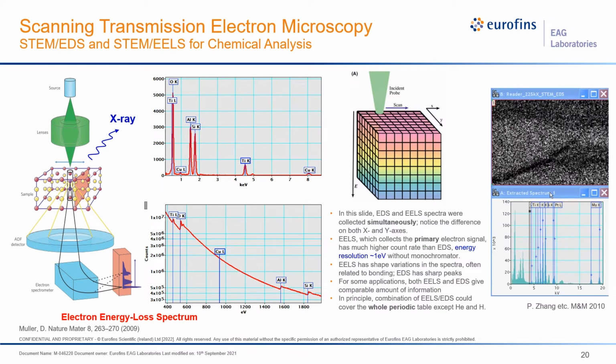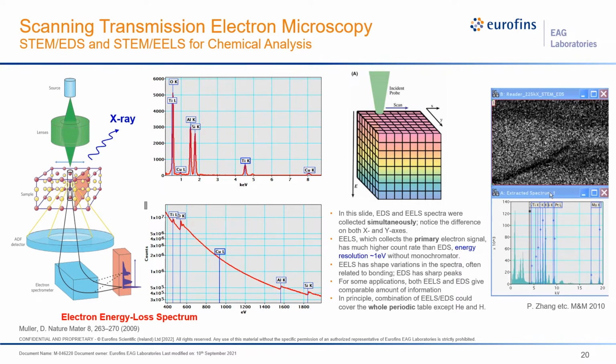And of course, if you want to do a small area analysis, nowadays you can collect the EELS signal and the X-ray signal, and also the image at the same time. You don't need to choose which one to sacrifice.